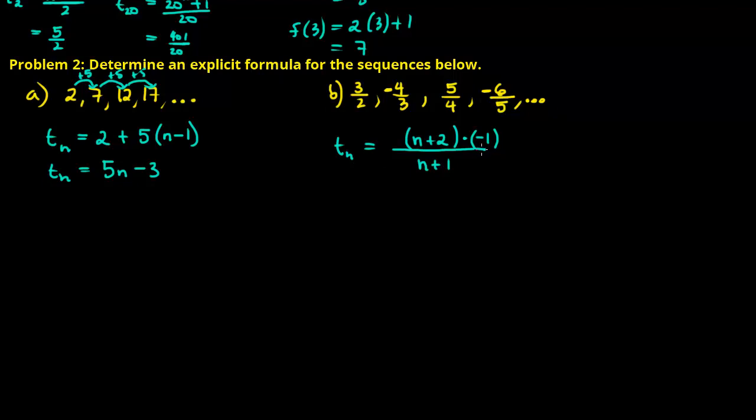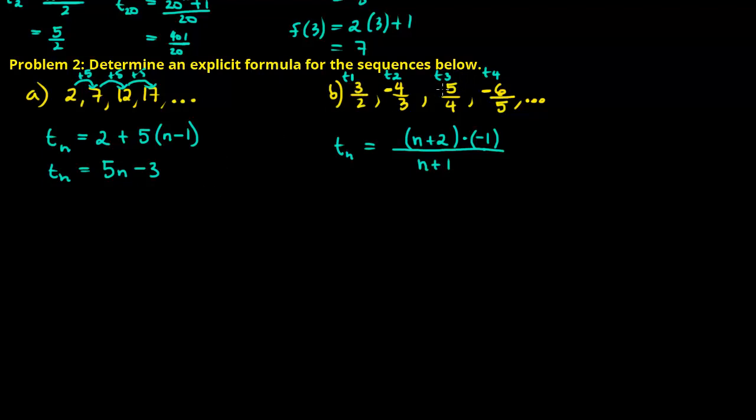We have to make it so that it's positive for odd term numbers, because this is term number 1, this is term number 2, this is term number 3, this is term number 4. I guess we could write this as T1, T2, T3, and this would be T4.